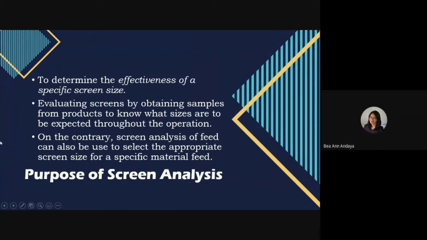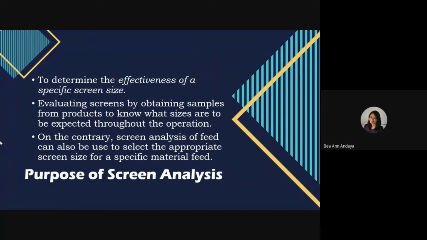Now, what is the purpose of screen analysis, or ano ba ang significance ng screen analysis? One is that we will be able to identify the effectiveness of a specific screen size. So, di ba nga kapag nagde-design tayo or if we are building a series of screening mechanism, kailangan alam natin kung gaano ka-effective at ka-efficient yung binibuild natin.